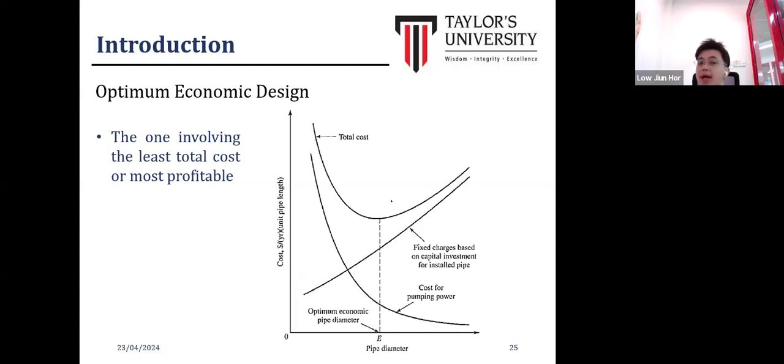But at the same time, when you increase the size or diameter of the pipeline, you can reduce the money that you are going to spend for the pumping power also. What is pumping power?